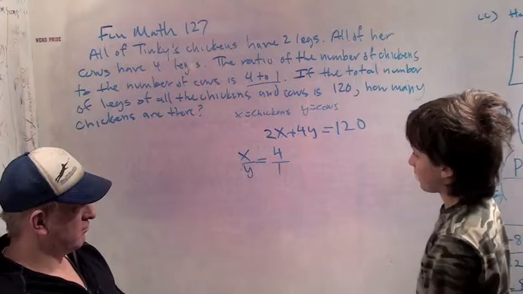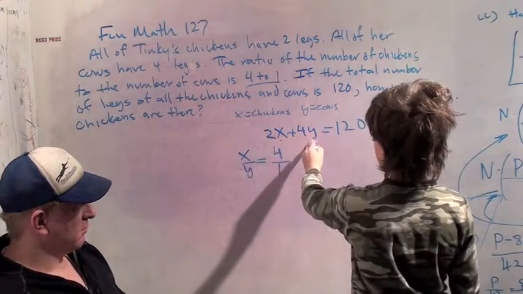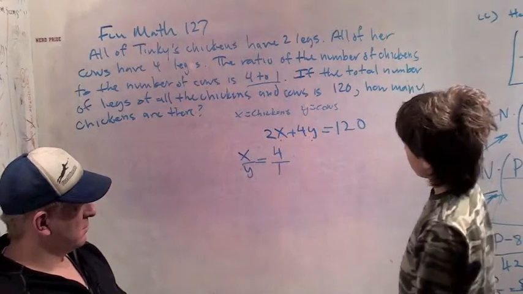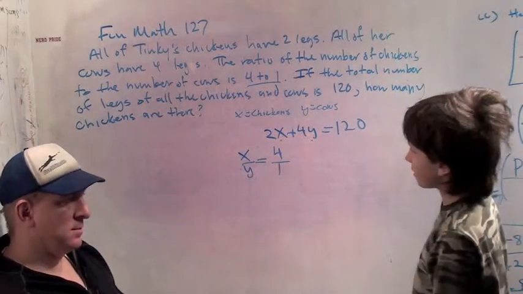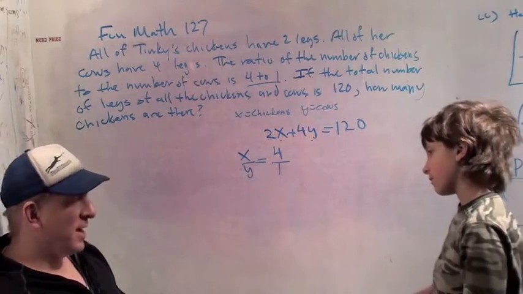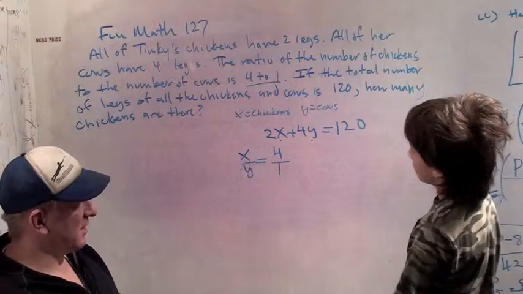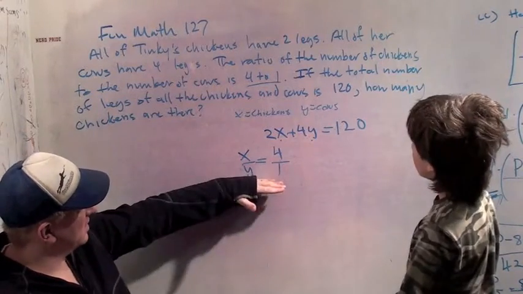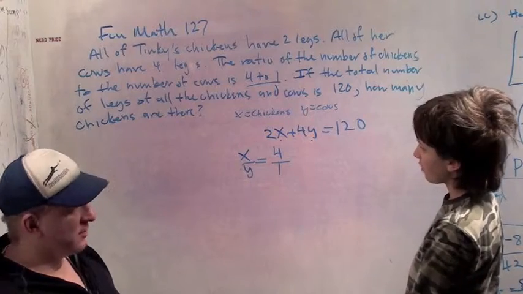But that's for the total number of legs. Right, 120 is the total number of legs, not the total number of animals. So you can't divide the legs by 5, because this isn't a ratio about legs. So what's a different way to proceed?